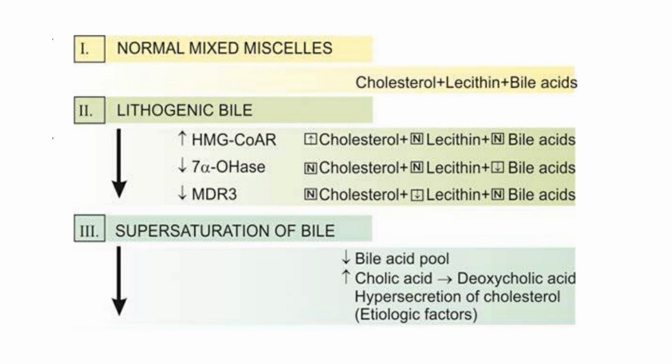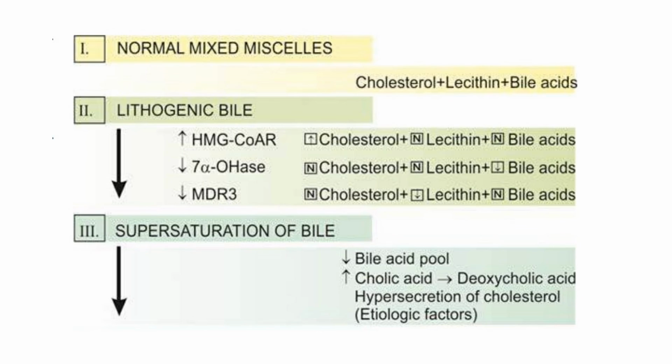This is the pathogenesis of the gallstone. How is it formed? If there is any alteration in the mixed micelle, then there is formation of gallstone and production of lithogenic bile. If there is alteration in these enzymes, more HMG-CoA, more cholesterol, less 7-alpha hydroxylase, there are less bile acids, decreased multidrug resistance receptors, and decreased lecithin.